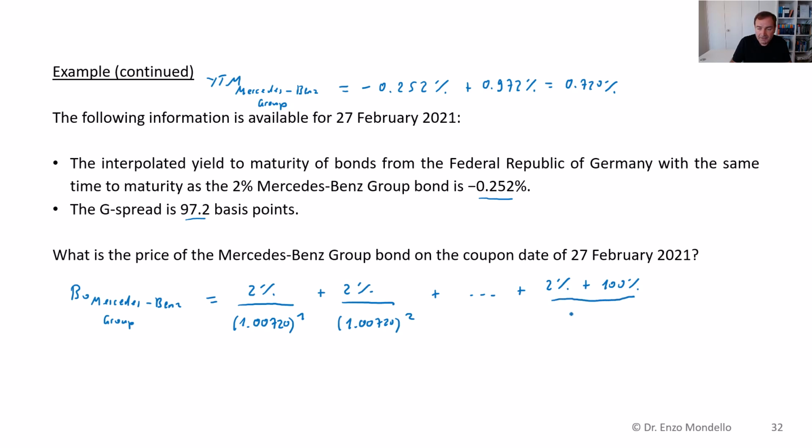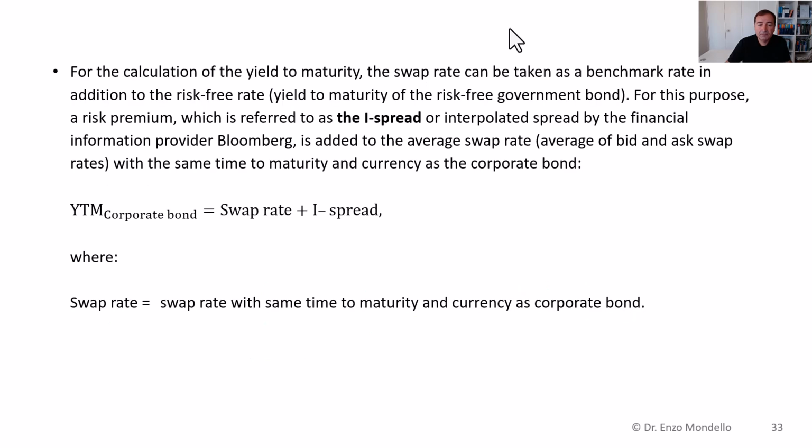And these cash flows are discounted back with the yield to maturity of 0.72% over 10 years. If you are entering the figures in your calculator, you should obtain for the bond price of the Mercedes-Benz Group 112.307%.